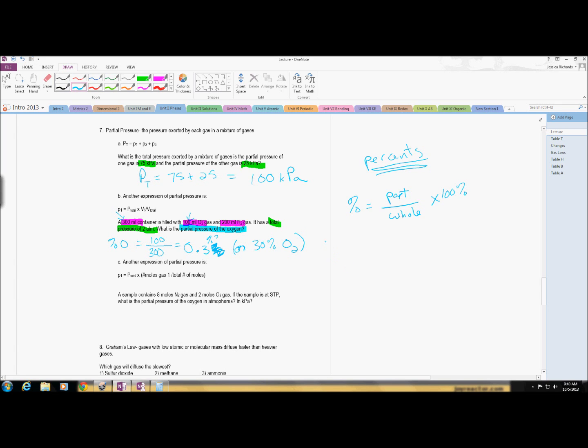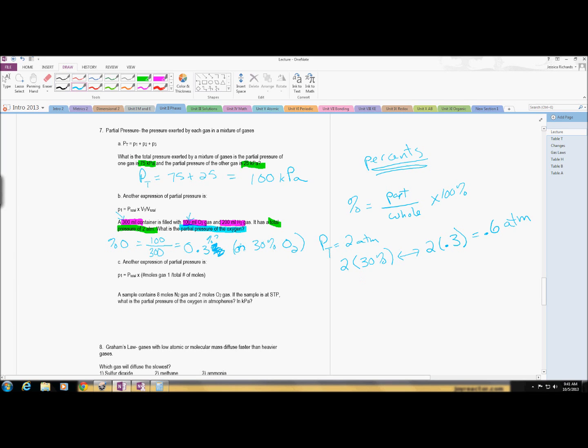So if your total pressure is 2 atmospheres, and I take that 2 atmospheres and I multiply it by 30%, and I always prefer to leave it as a decimal, so I'm going to multiply by 0.3. 2 times 0.3 is 0.6. And the units are atm because that was the unit on the 2. And that's it. We're just doing percents.